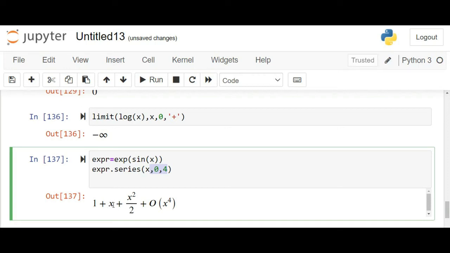So it will be 1 plus x square over 2 plus order 4. If we write 5 over here, then what would it be? Of course, it will be just like that. The order 5 term represents the Landau order term at x equal to 0, not to be confused with big O notation.